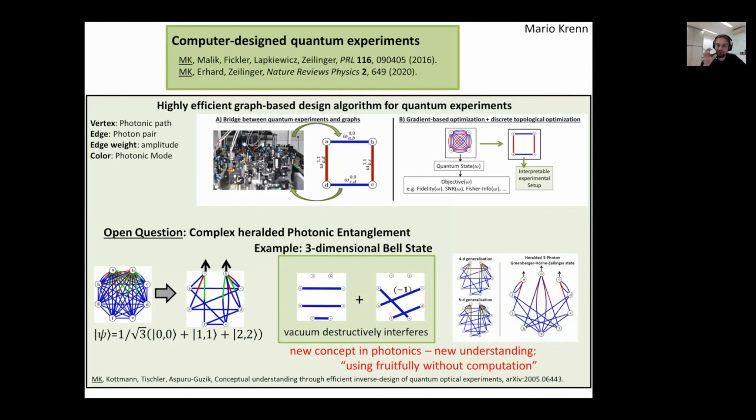So we have learned a new idea, a new concept from the solution of the algorithm, and we're able to apply it in a fruitful way to other systems without computing. And this is according to the criteria of Henk de Regt, the philosopher that I mentioned in the beginning, precisely what it means to have scientific understanding. And we got it in this case from a computer.